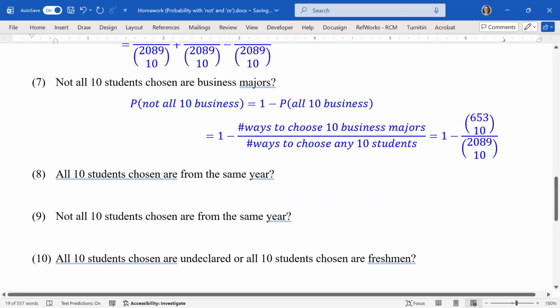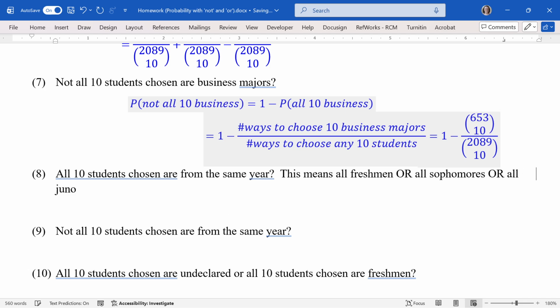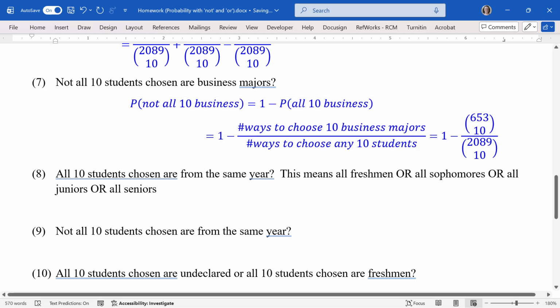We need to break this into 4 events. So this means all freshmen, or all sophomores, or all juniors, or all seniors. Okay? And I hope to goodness that these are mutually exclusive events, because if they're not, when you have more than 2 events, you have to do much more complicated accounting for all of the overlaps that you might over or undercount.